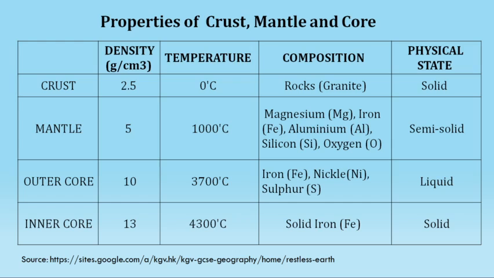The minerals which can be found in the mantle region are magnesium, iron, aluminium, silicon, as well as oxygen. It is semi-solid in state. Then we have the outer core. The density is 10 grams per centimeter cube. The temperature increases up to 3700 degrees Celsius.